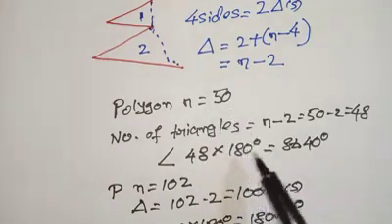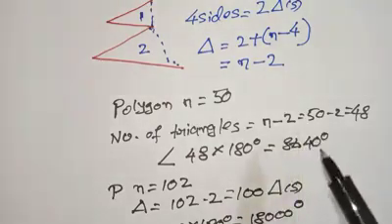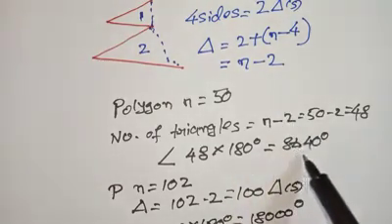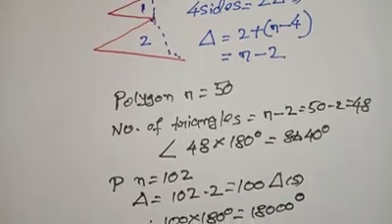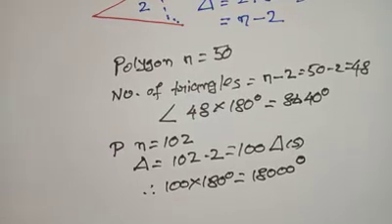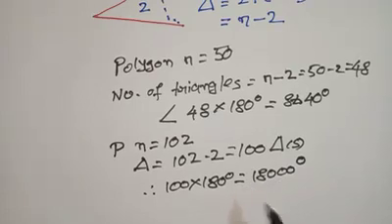So for 50 sides, it would be 48 triangles multiplied by 180 degrees, which gives you the total value of the angles. Similarly, if we consider n equals 102, we find the total number of triangles, and multiplied by 180 it gives us the value in terms of angles.